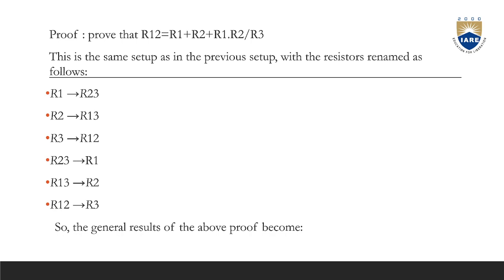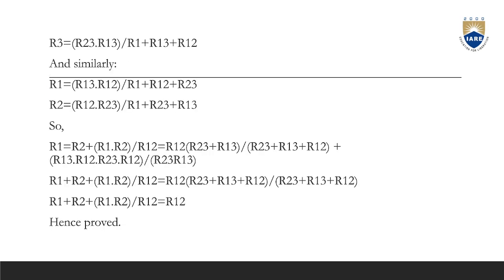So the general results of the above proof become R3 equals R23 into R13 by R1 plus R13 plus R12, and similarly R1 equals R13 into R12 by R1 plus R12 plus R23, and R2 equals R12 into R23 by R1 plus R23 plus R13.